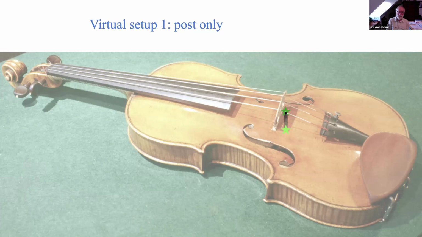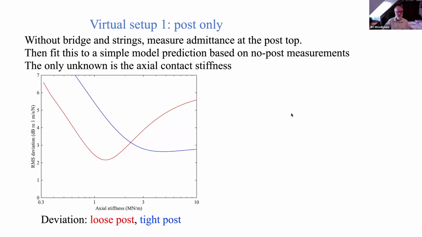We now take the post out, do the 4 measurements that I just talked about, then we fit a virtual post in the computer with some value of the contact stiffness, and we ask, does it fit the real thing or not? So just look at the red curve for the moment. I'll tell you about the blue one in a moment. I can do this virtual fitting with lots of different values of this contact stiffness, because I don't know what it is.